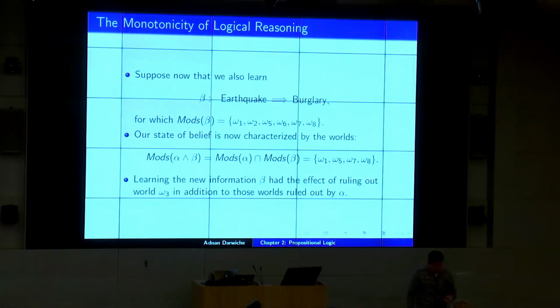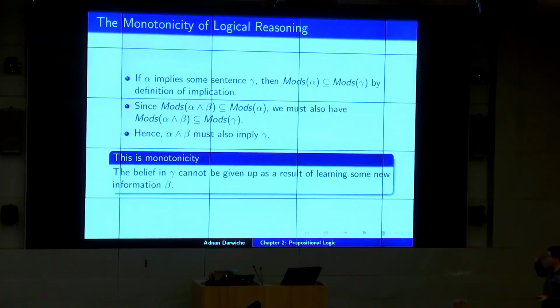And that's indeed the property of monotonicity. You just proved it. You can look at it in set notation. If alpha implies some sentence gamma, then mods of alpha is a subset of the mods of gamma. Since mods of alpha and beta is also a subset of mods of alpha, then we have that alpha and beta implies gamma. We proved monotonicity.